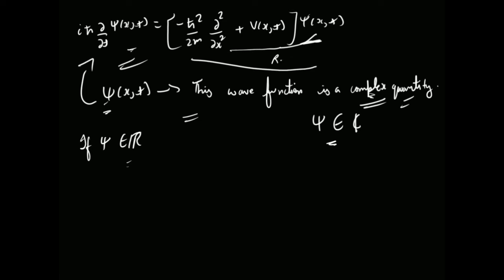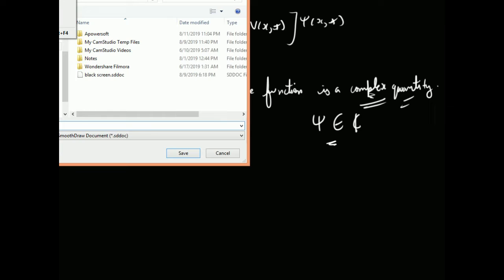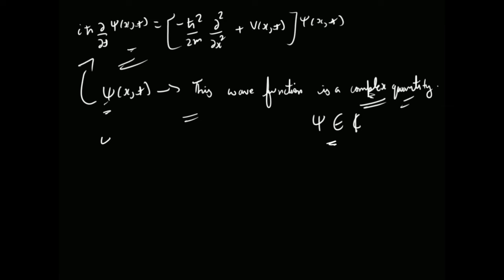So for the wave function to be real, it is impossible to find the solution, as we have one side real and the other side imaginary. And if it is only imaginary, then one side will be imaginary and the other real.